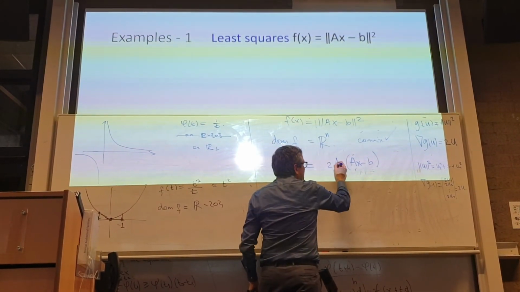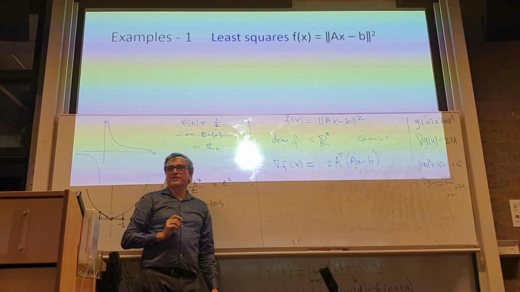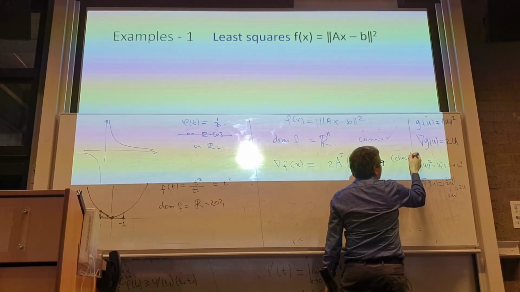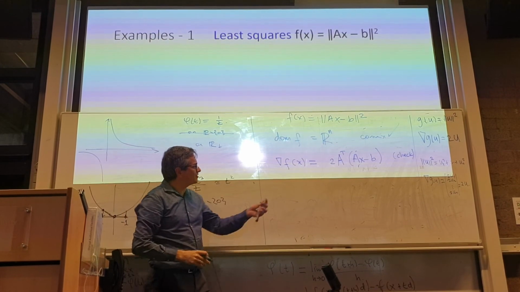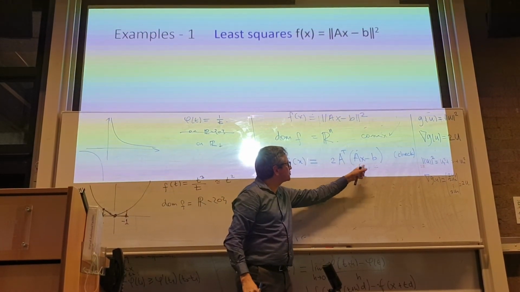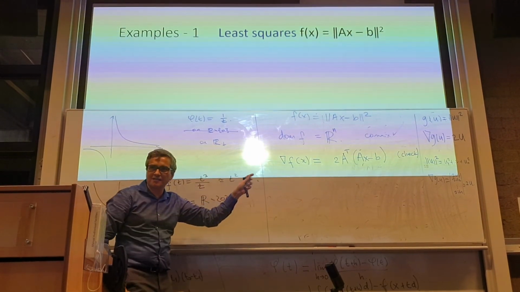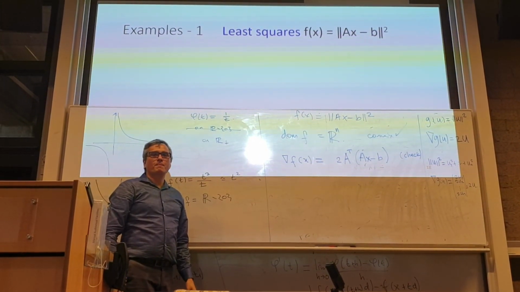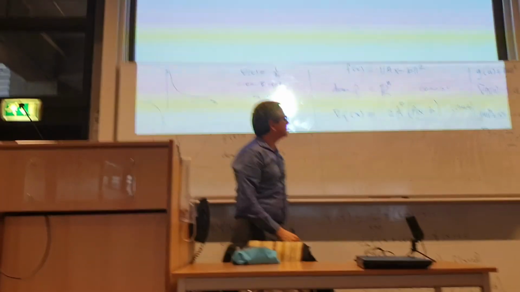That's going to be A transpose. Please check this, because it's not just about being able to do the algebra, but understanding why is A transpose here and not A, or why do I put it there on the left and why transpose. So that was the part that you were missing here, the inner derivative. Okay, good.